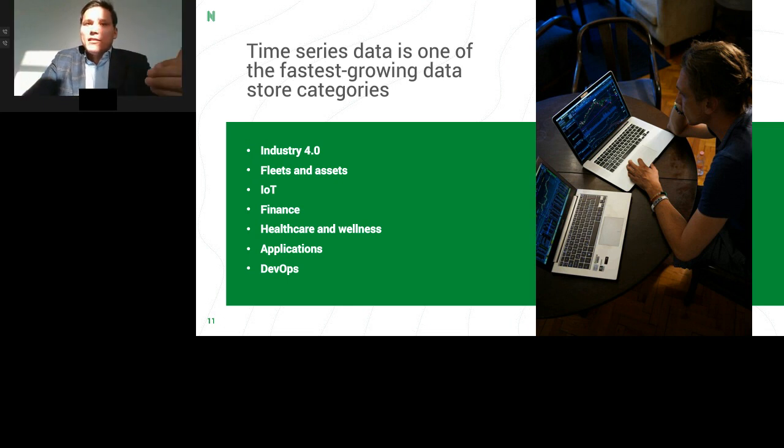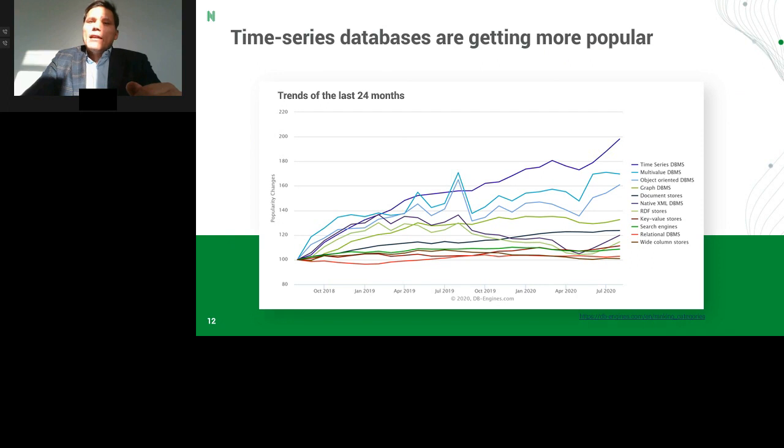Healthcare and wellness is a growing business, and as DevOps practices and automated application monitoring have moved forward, time series data is also a really relevant type of data in these DevOps monitoring domains. This is also visible in some of the statistics and trends.